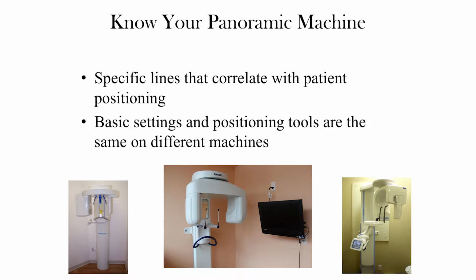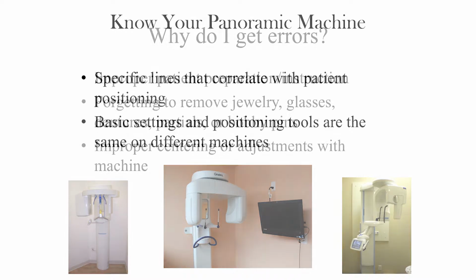So knowing your panoramic machine, there's a bunch of different types of panoramic machines. There's specific lines that correlate with the patient positioning. Basic settings and positioning tools are the same on different machines, so your basic positioning of the patient is going to be the same no matter what machine you're using.